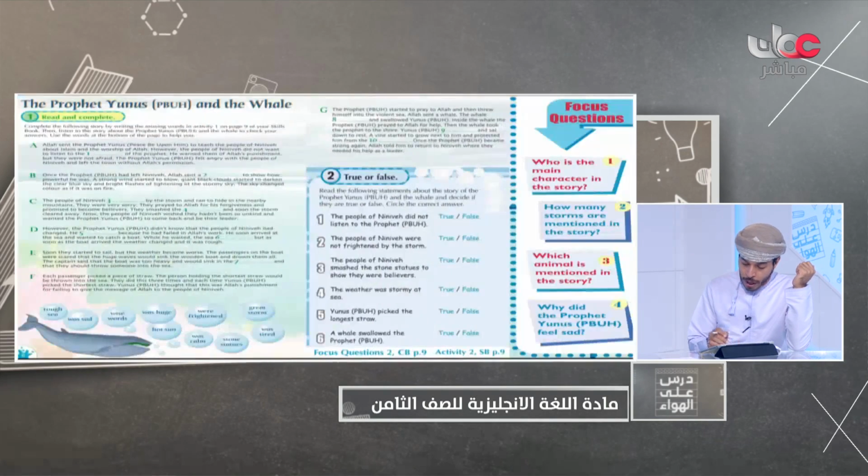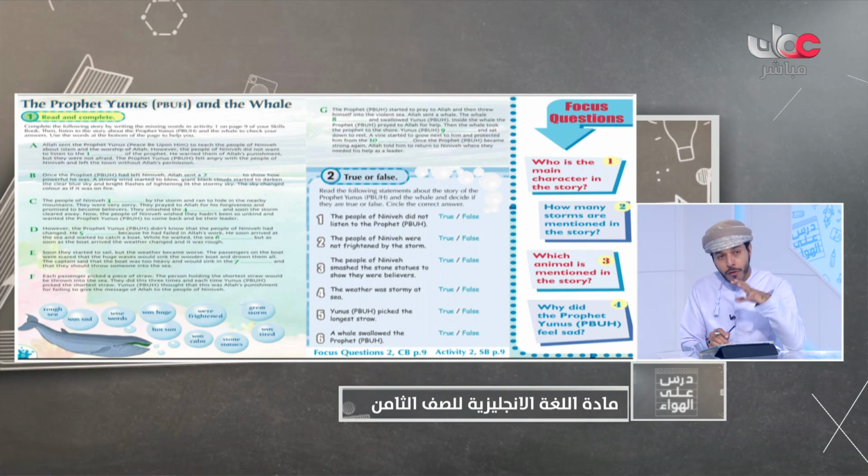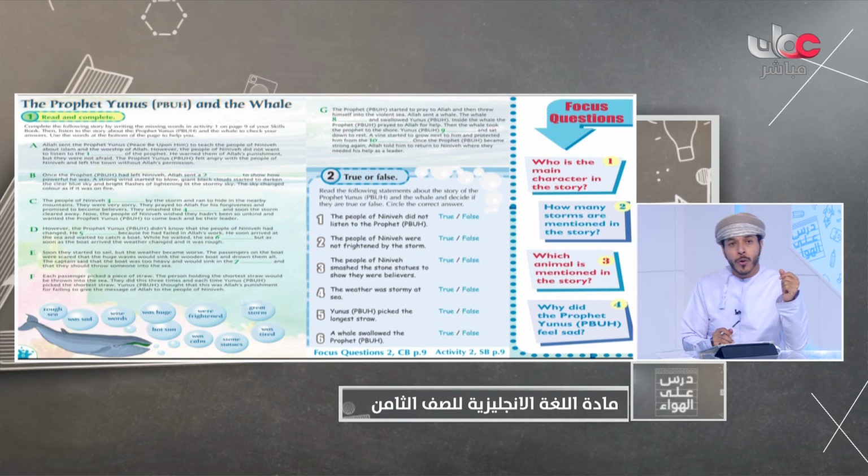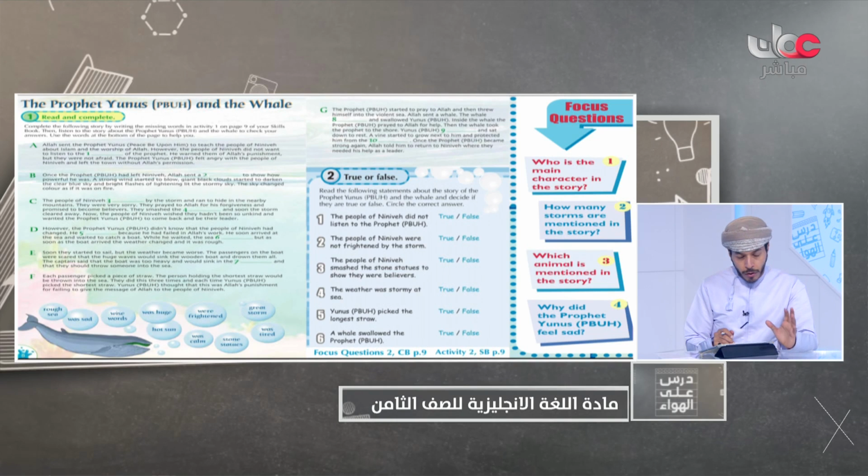Good, guys. Now let's move on to this long, or maybe the longest text that we have in unit 1, which talks about the wonderful ocean world. Okay, and this text or story talks about who? It talks about our prophet Yunus, peace be upon him, and the whale.